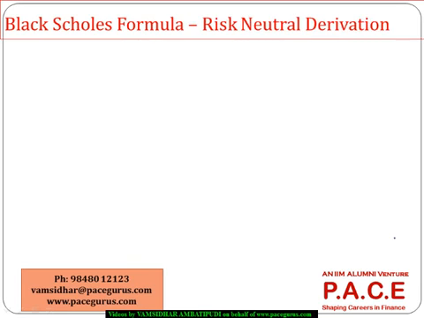Now let's look at how we can derive the Black-Scholes formula for computing the price of either a European call option or a European put option using the risk neutral valuation model. Whenever I say risk neutral, what is that?